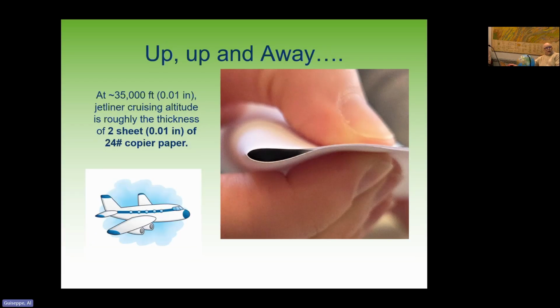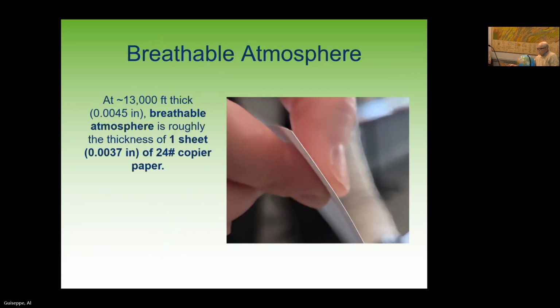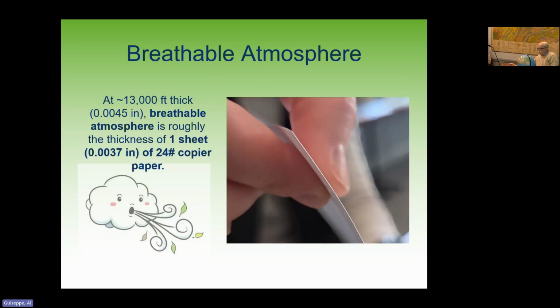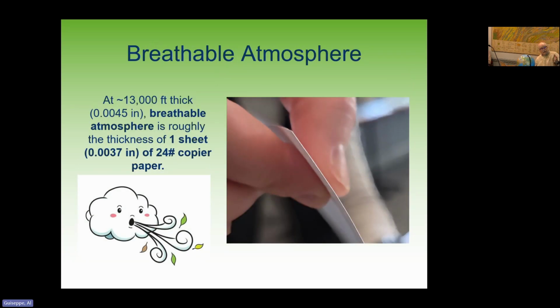Planes fly at about 35,000 feet, which on this globe is just two pieces of paper put together. The breathable atmosphere, 13,000 feet, is roughly the thickness of a sheet of paper.